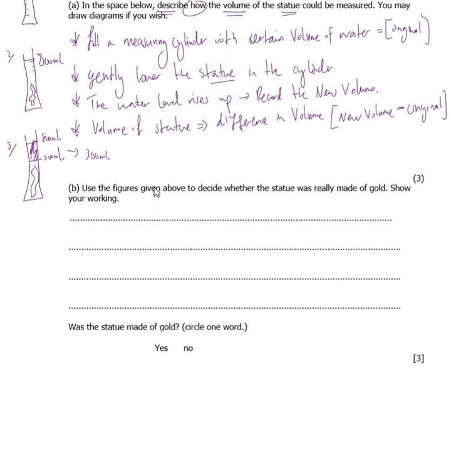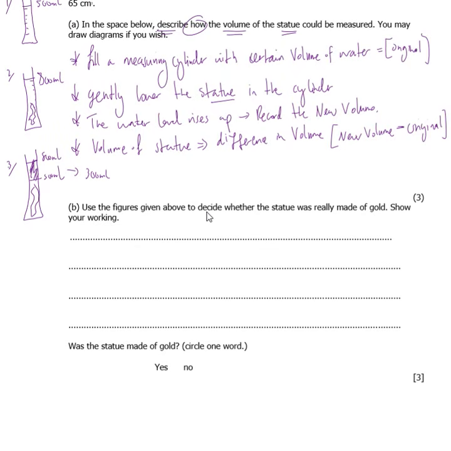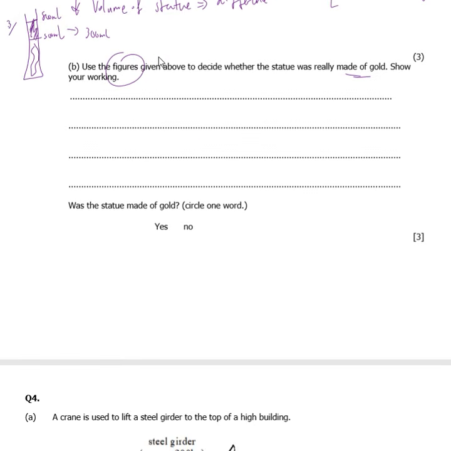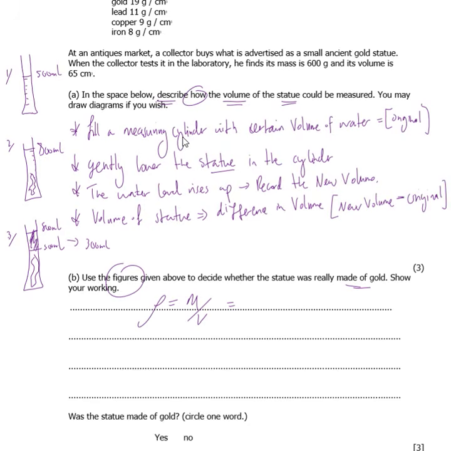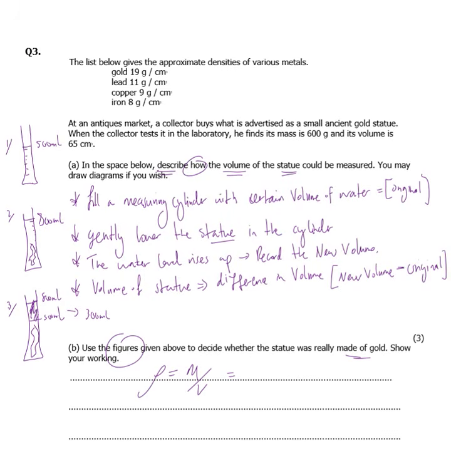Now, the question here said determine using the figures whether the statue is made of gold or not. So show your working out. So therefore, what we need to do is use the equation: density is mass divided by volume. Now the statue has a mass of 600 and a volume of 65.